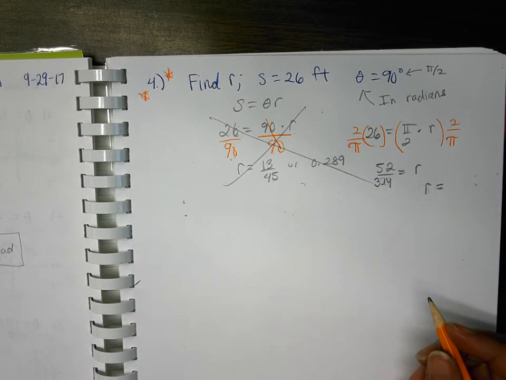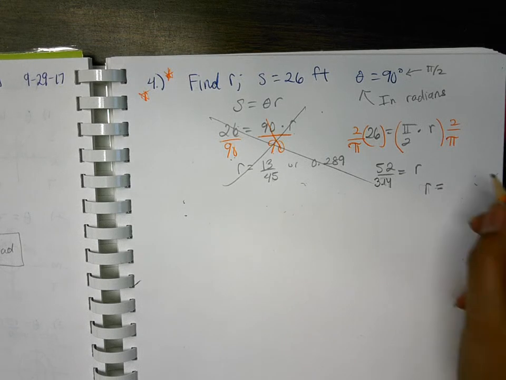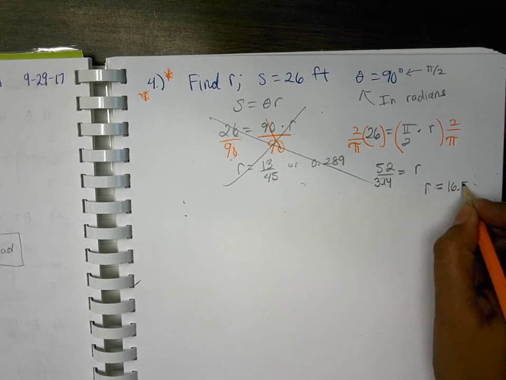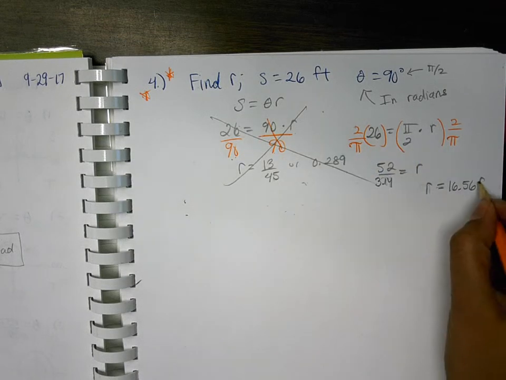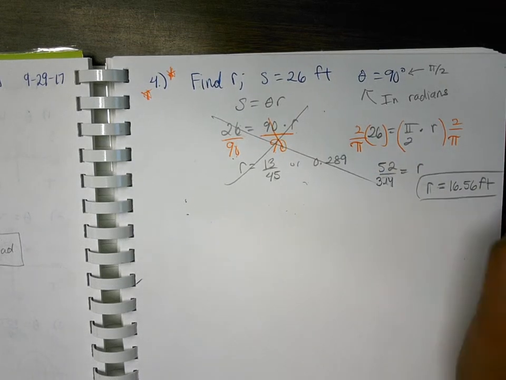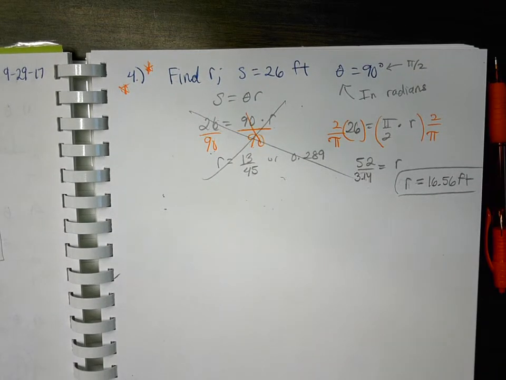Can you share? It's 16.56. Thank you. And it is in feet. Okay. Make sense? Okay. Questions before I move on to quadrant constraints?